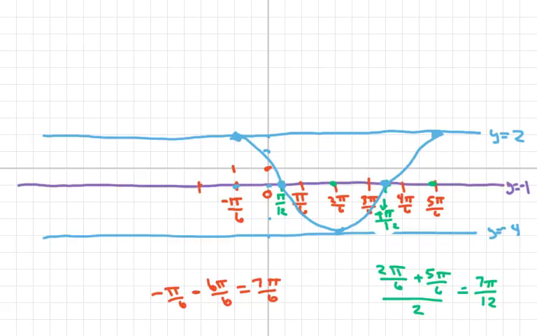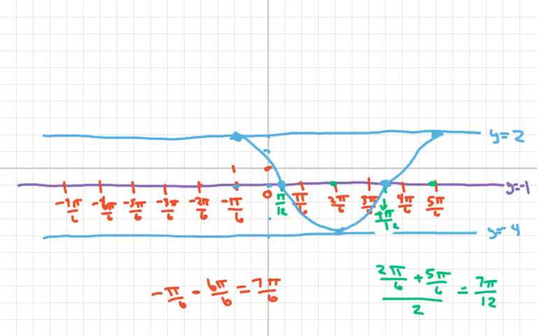This would be negative 2 pi over 6, and go down to negative 3 pi over 6, negative 5 pi over 6, negative 6 pi over 6, and negative 7 pi over 6.